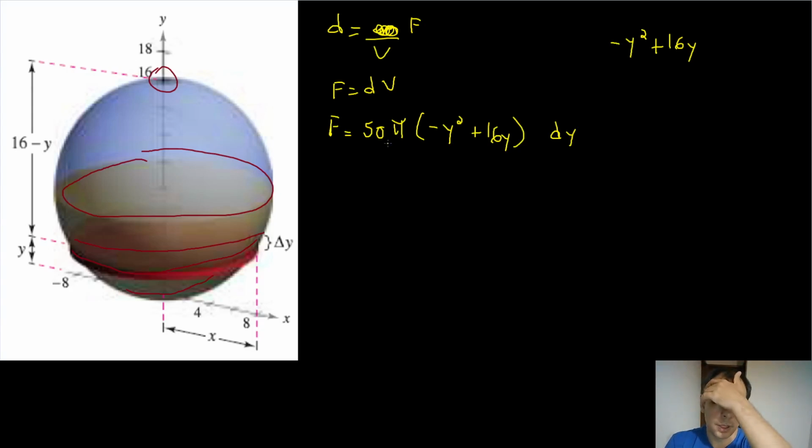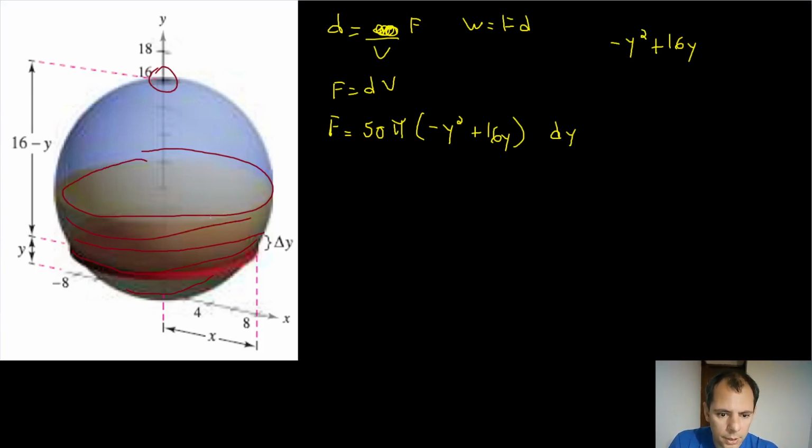Now we have to talk about the distance, because remember, work equals the force times the distance. Well, this is the force, but now you have to worry about the distance, because each one of these circles in here is going to have a different distance. Okay, this one is closer to the top.